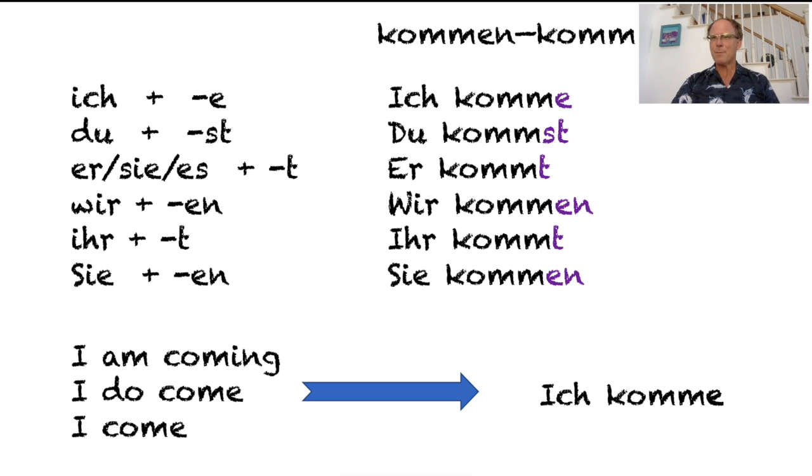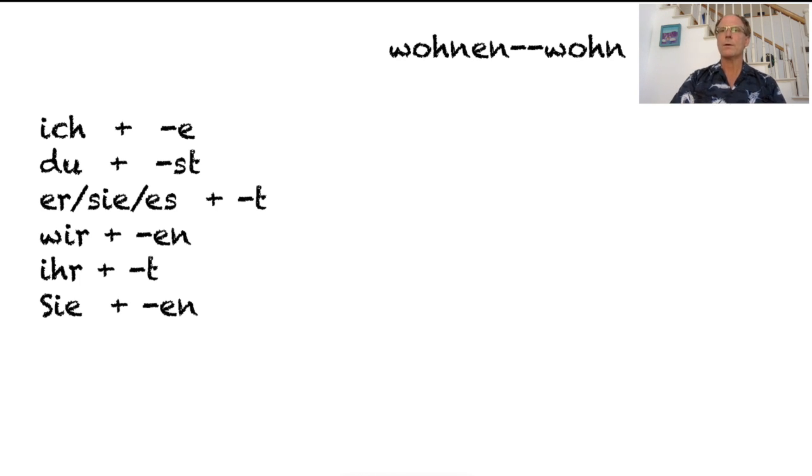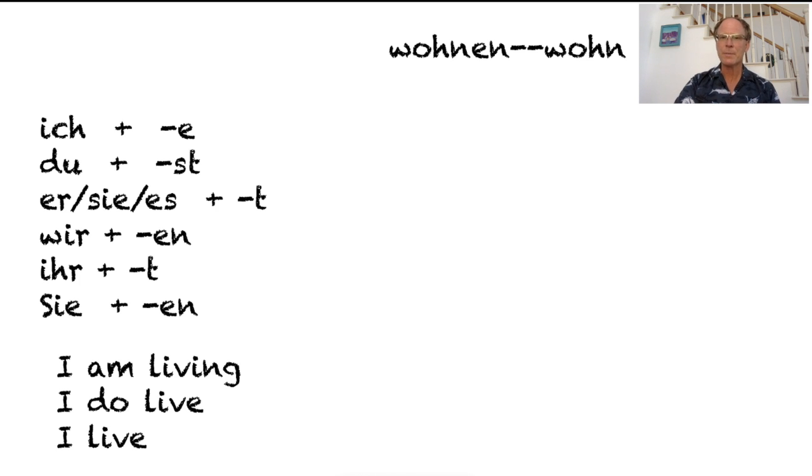Now that same pattern will work for all of the verbs in German, just about. So let's take the verb to live. First you take the verb stem of wohnen, and know what that is. So you have the verb stem wohn, and then you're going to add the corresponding endings to the verb stem.